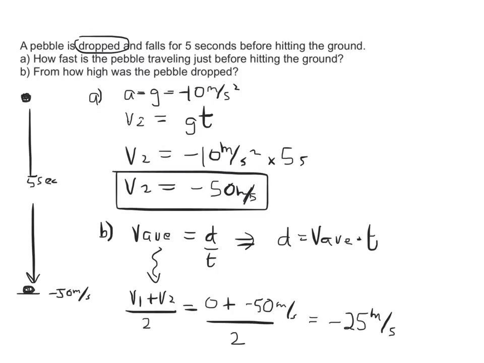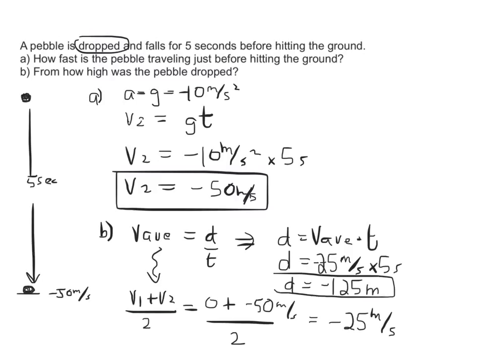I can then go back to my original equation up here, and I know that the average is negative 25, and the time is 5 seconds, and negative 25 times 5 is negative 125. So this means that the pebble falls 125 meters, falls down 125 meters before hitting the ground.